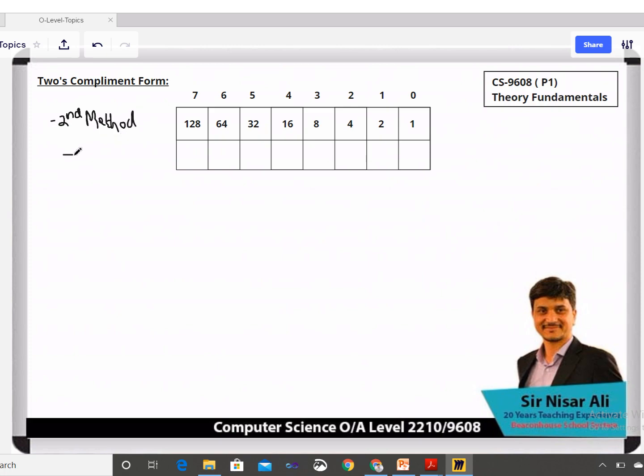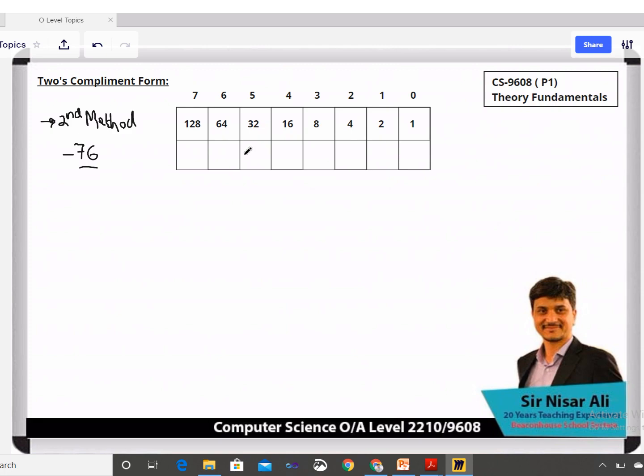In the second method, we will take the number minus 76. Now in this second method of 2's complement, we have two steps. Number one is that we will just assume that we will not consider it as a negative number. We will just assume it is 76.